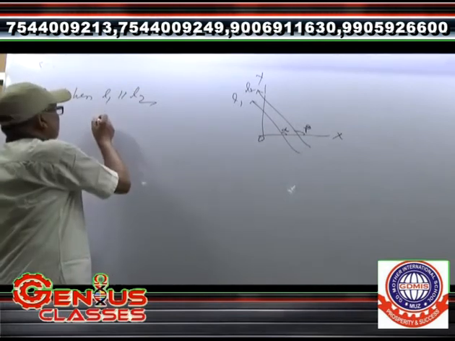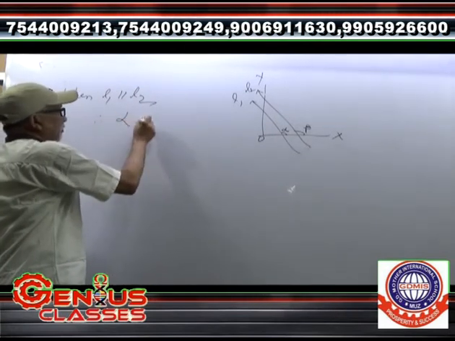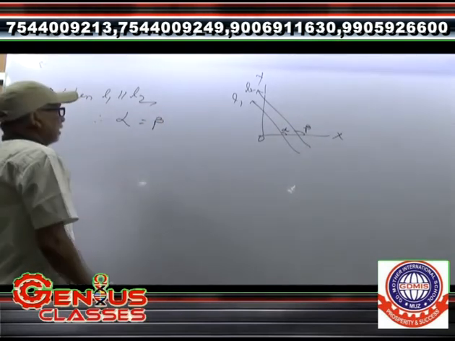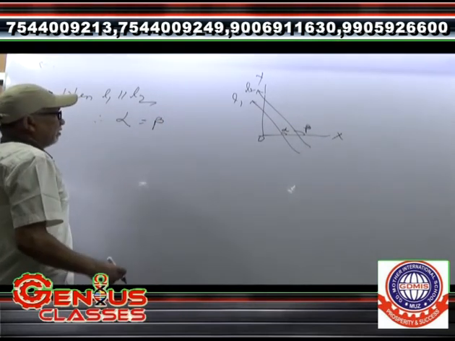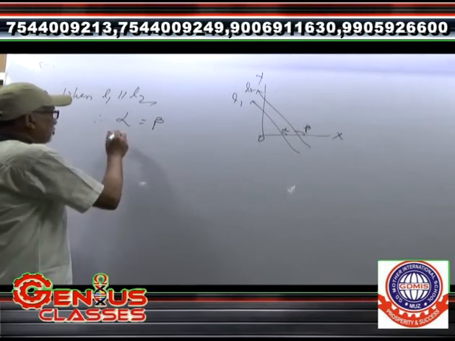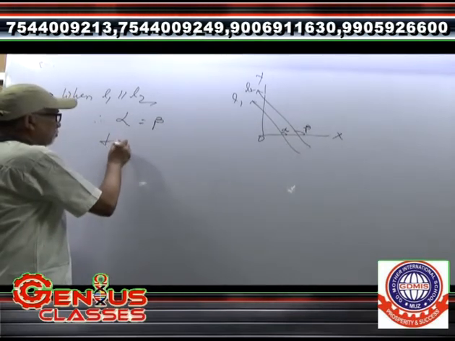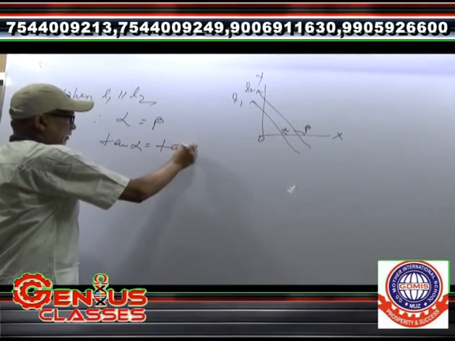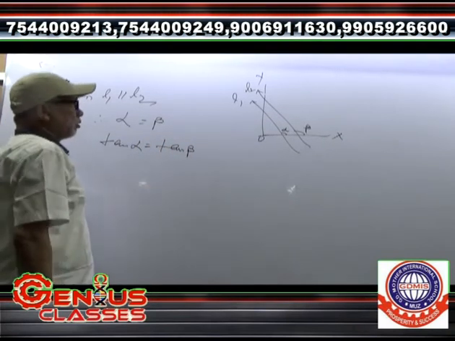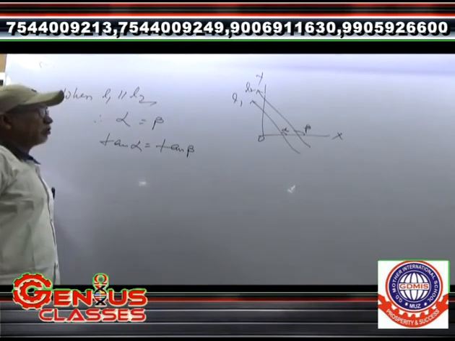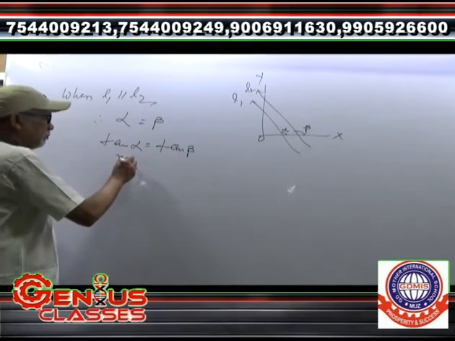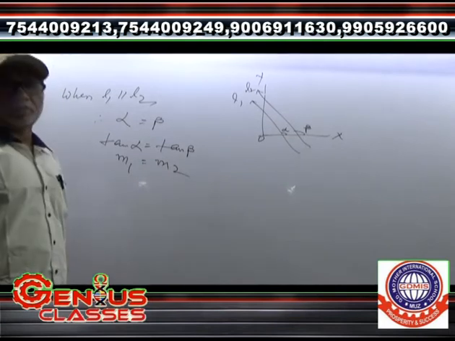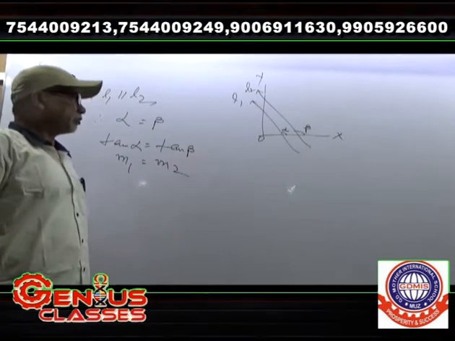Therefore, alpha is equal to beta. Corresponding angles are equal. Taking tan on both sides, tan alpha is equal to tan beta. Tan alpha is called the slope of L1 and tan beta is called the slope of L2. Therefore, M1 is equal to M2. So when two lines are parallel, slopes are equal.